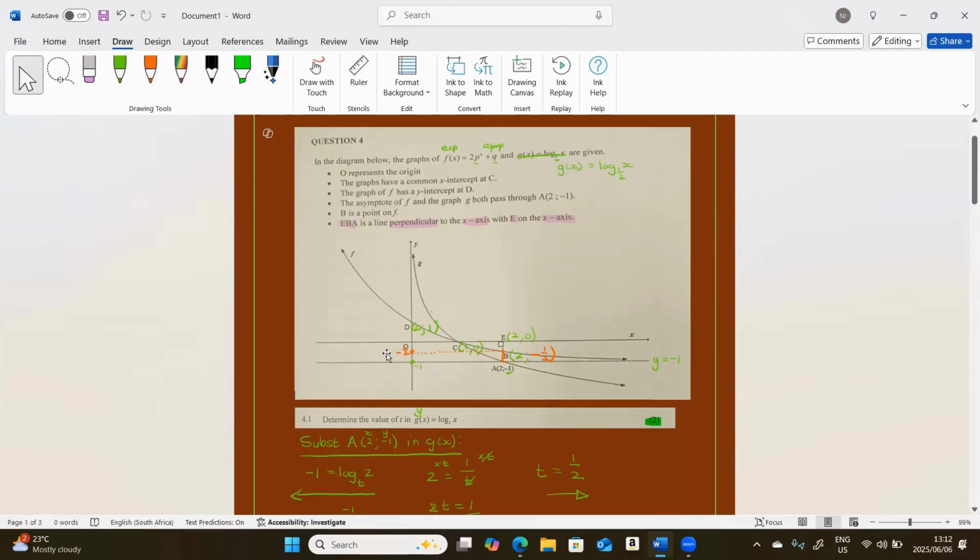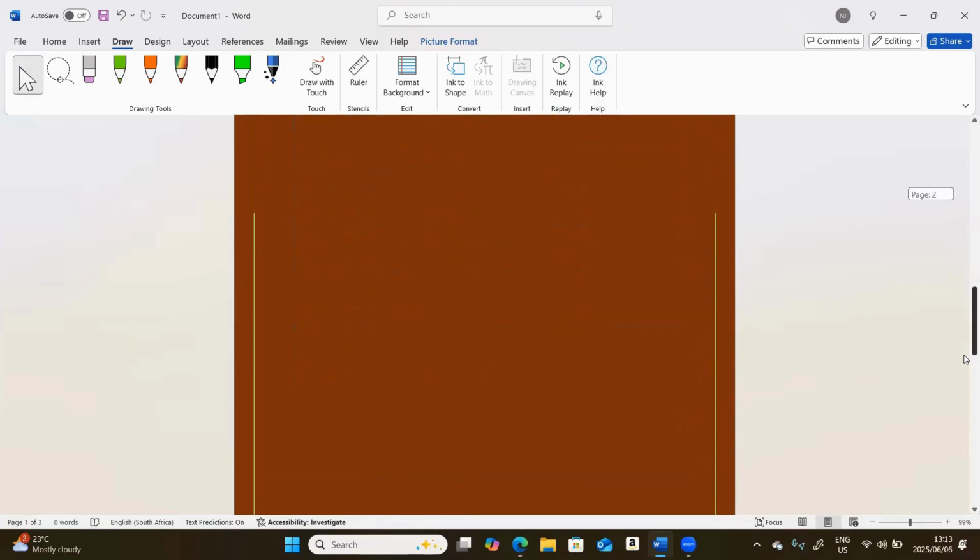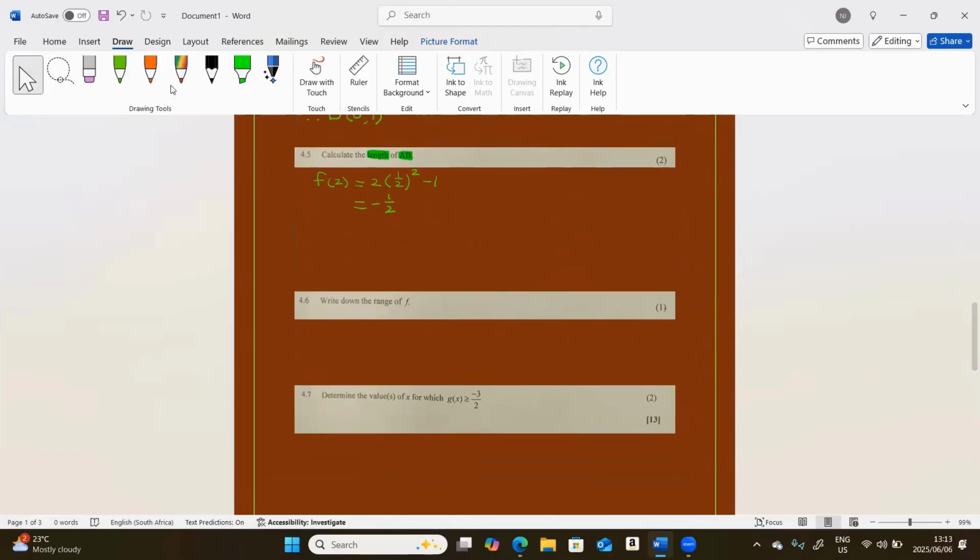It's a principle that is in your book and that you please have to study. To get a vertical length, you take your top y value minus your bottom y value, which is negative 1. So negative a half minus negative 1. Let's write that down. It's your top y value less your bottom y value to get a vertical length.